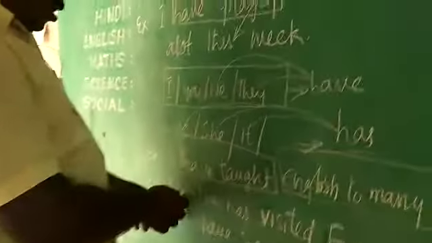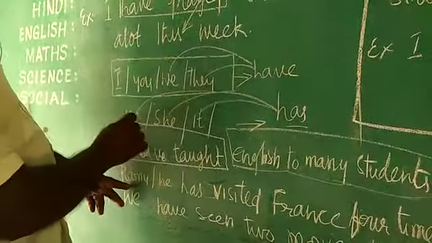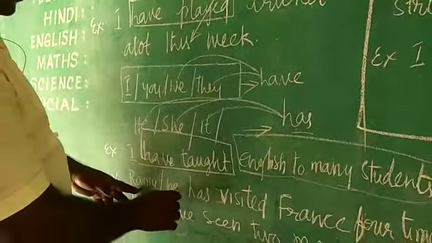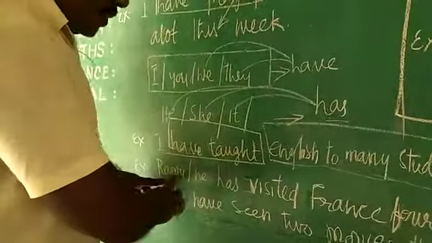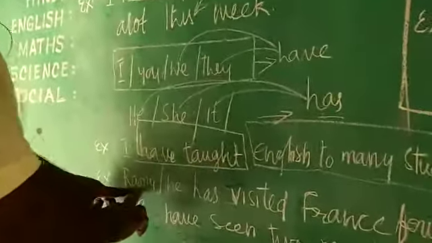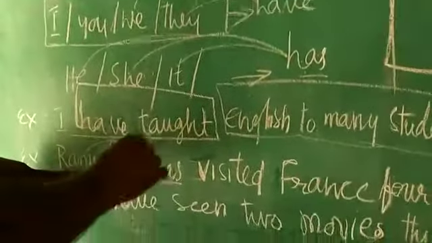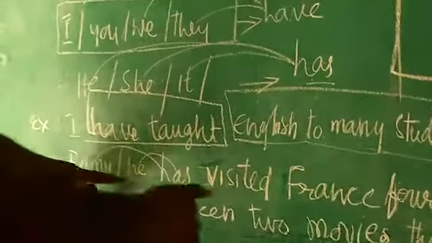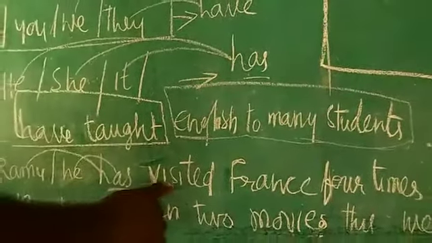We'll go with one more. Ramu, he. See here, you have he here. According to this, you take has. If it is the name of a single person as the subject, you take has. You can say Ramu has, or he has. It is right. And V3 is visited, according to the formula or the structure.